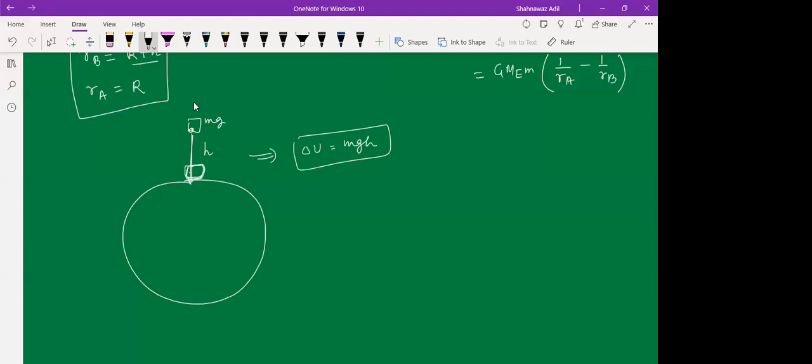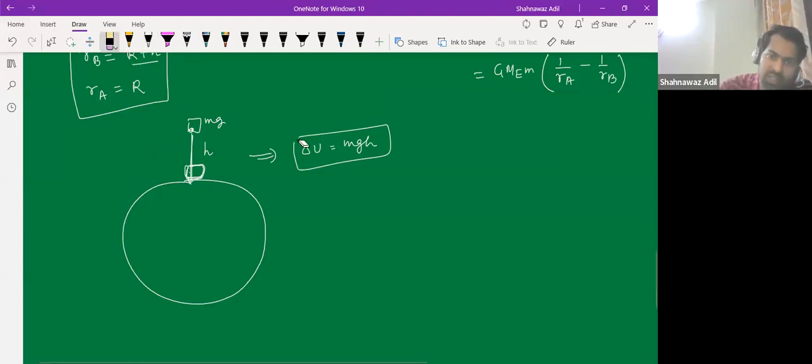So now let us calculate the change in energy in this case.